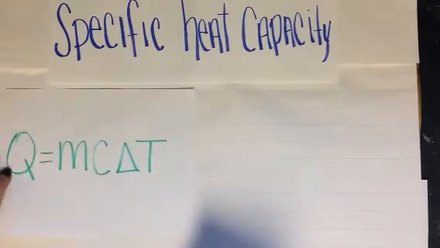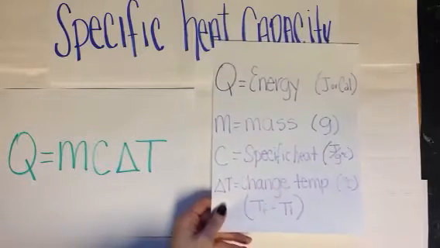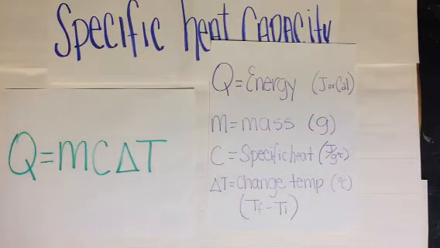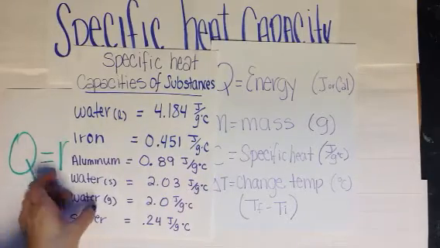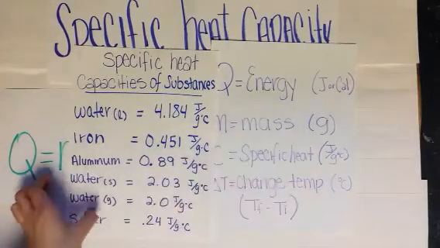So let's talk about what these variables mean. Q equals energy, either in joules or calories. M equals mass, which is in grams. C equals specific heat, as we just looked at. These specific heat capacities will be given to you in joules over grams degrees Celsius.